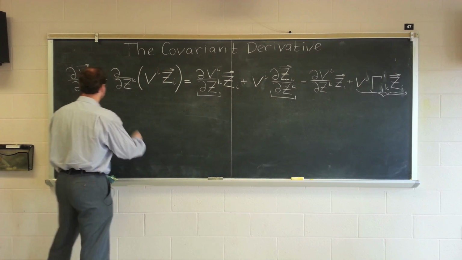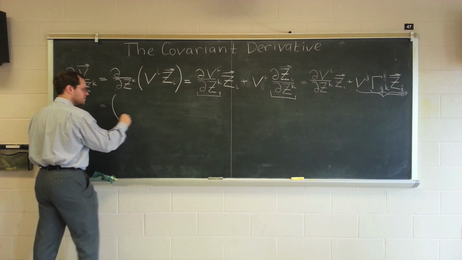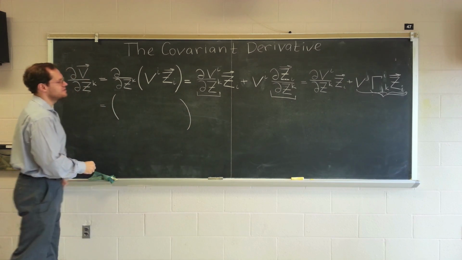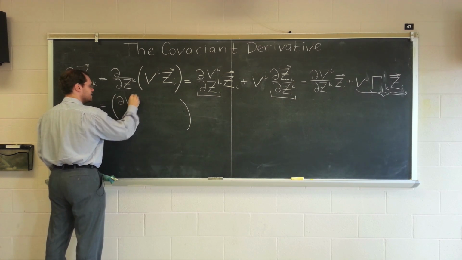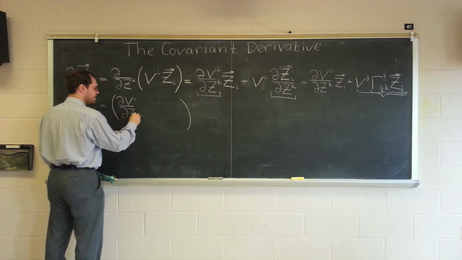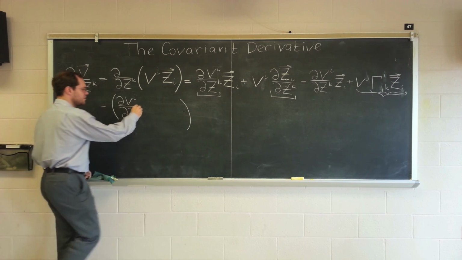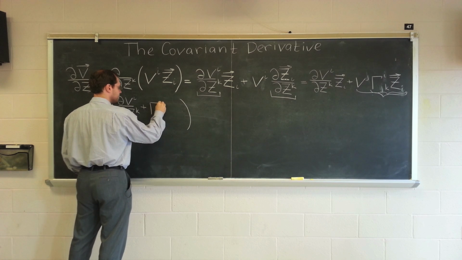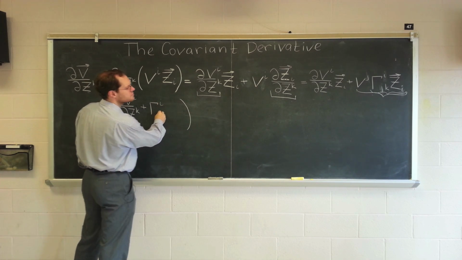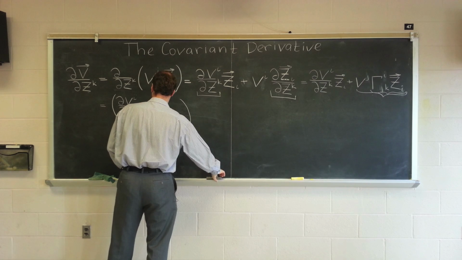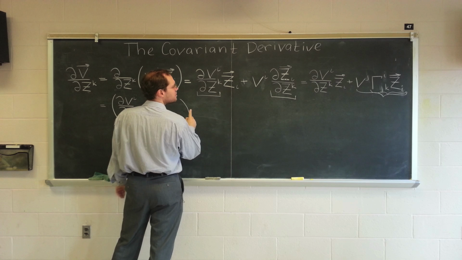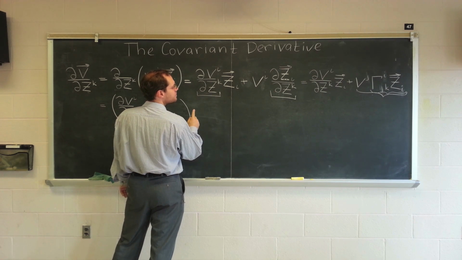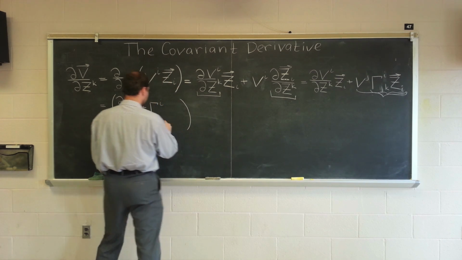Now we're going to factor out zi. And look what we have in parentheses. Get used to this. In parentheses we have dvi dzk plus gamma plus, I just want to think about the order I want to write it in. Gamma, here's the order I will write it in.